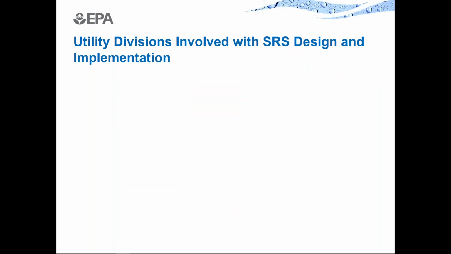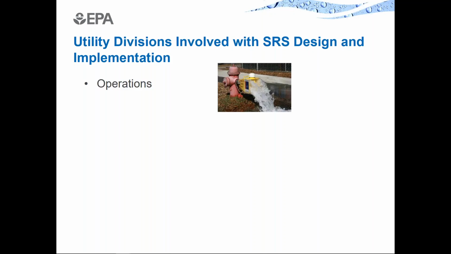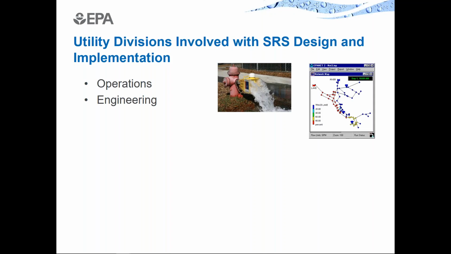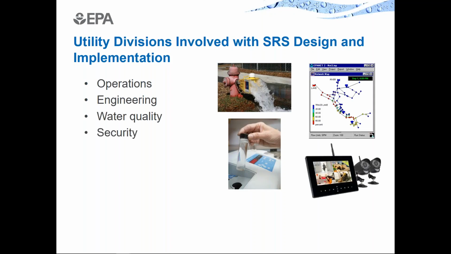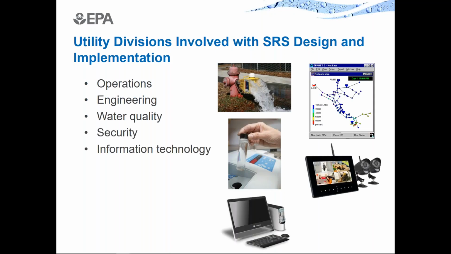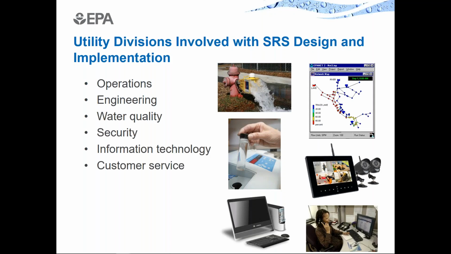Again, implementation of an integrated surveillance and response system with multiple components will almost certainly require a multidisciplinary team that would include personnel from multiple utility divisions. This could include operations, engineering, water quality, security, information technology, and finally customer service.